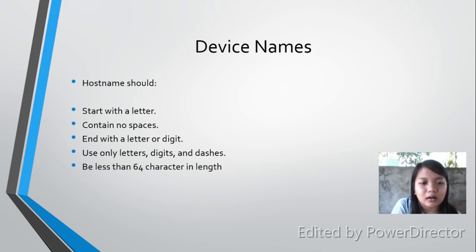It can contain a letter or digit, but it will not start with a digit. Use only letters, digits, and dashes, so you cannot have spaces. Be less than 64 characters in length, so it needs to be 64 characters only.